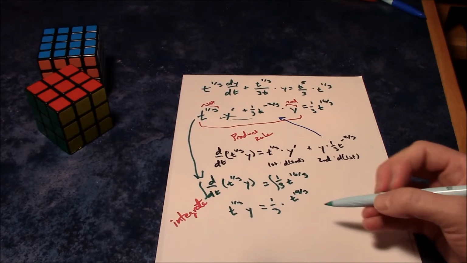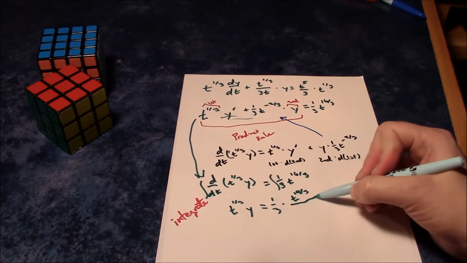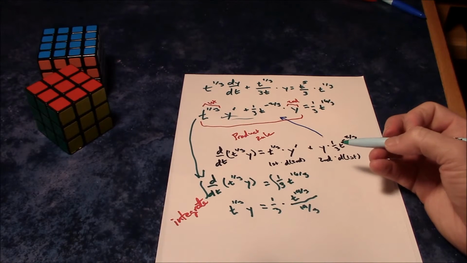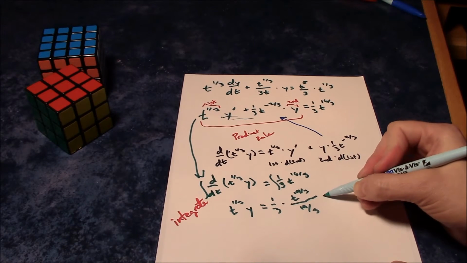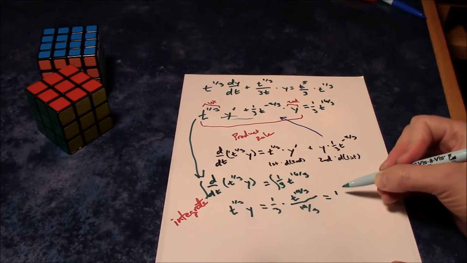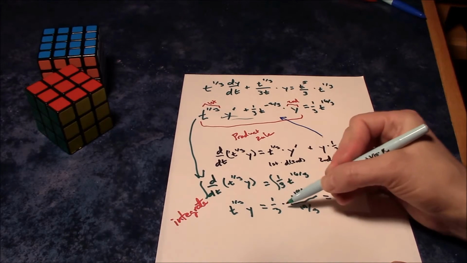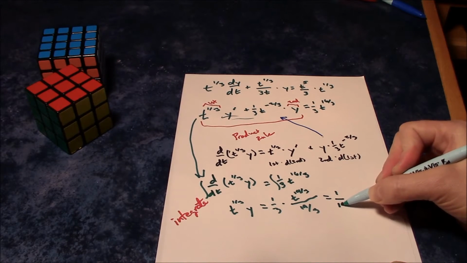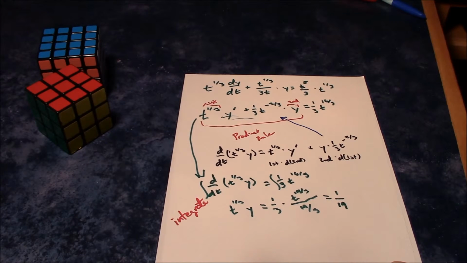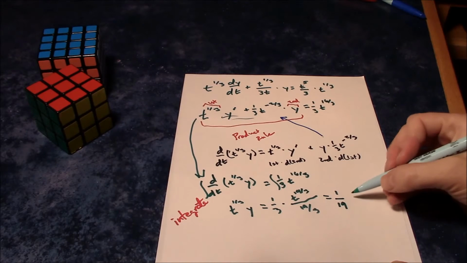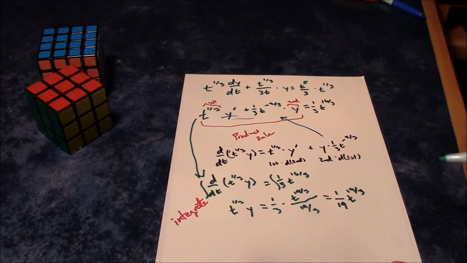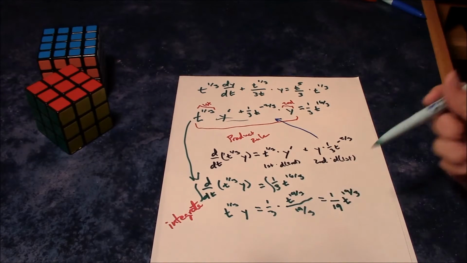Sorry if I'm writing crooked, I'm at an angle here. And so 1/3 times 3/19 is 1/19 t to the 19/3.